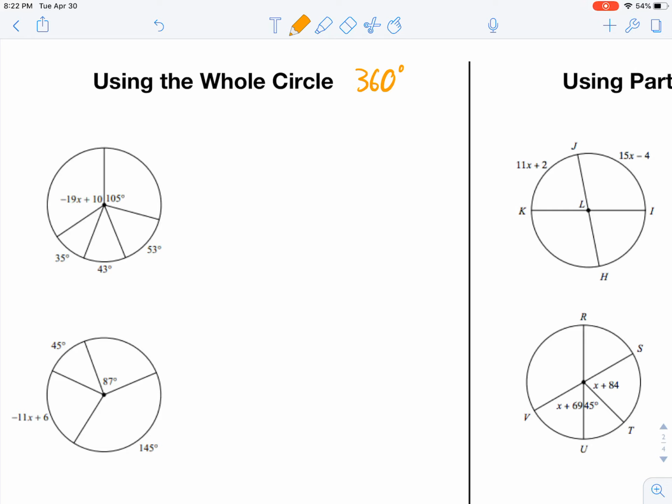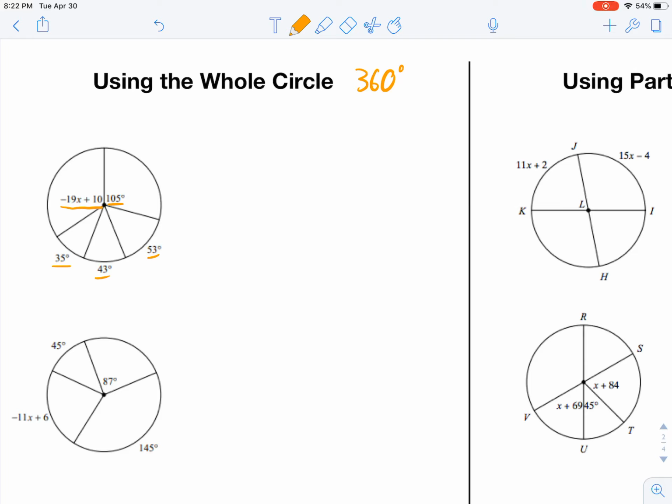So in this triangle here, I have all these guys. I have 105, I have 53, 43, 35. Oh man, and then I have this: negative 19x plus 10. We're going to figure out what x is. Using what we know, the whole circle is worth 360 degrees.